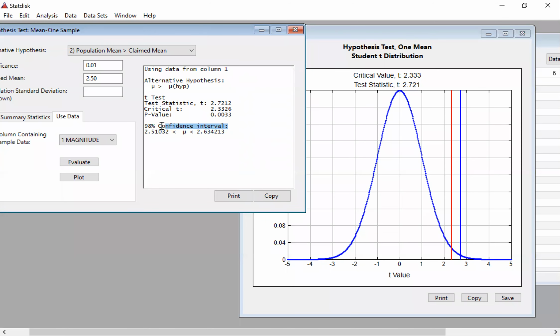If I go back to our other screen though, we do get a confidence interval there, and that confidence interval is telling us that the mean would appear to be between 2.51 and 2.63. So we can use the confidence interval in this case to get an idea of where the population mean now lives. And we do see that entire confidence interval is above the 2.50.